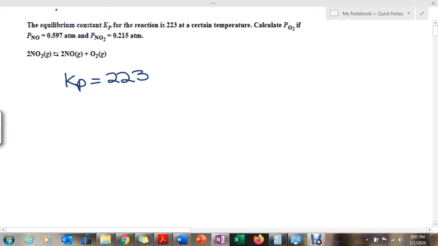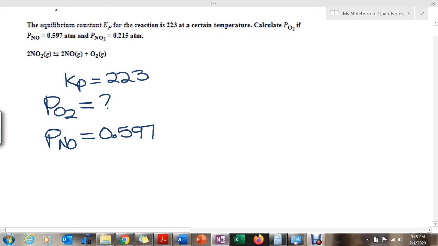It doesn't say the temperature, but we don't need it here. It's asking to calculate the partial pressure of O2 if the partial pressure of NO is 0.597. They're giving this at equilibrium.